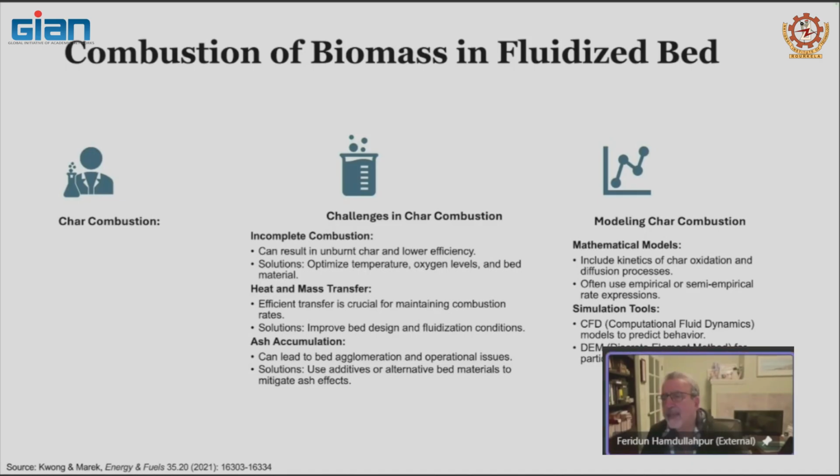Have they seen an operational fluid bed? Okay, but they have seen at least a transparent fluid bed and bubble formation. Okay, good. All right. Thank you.